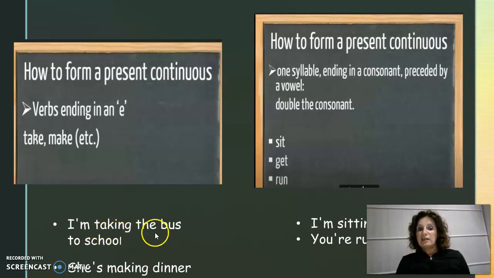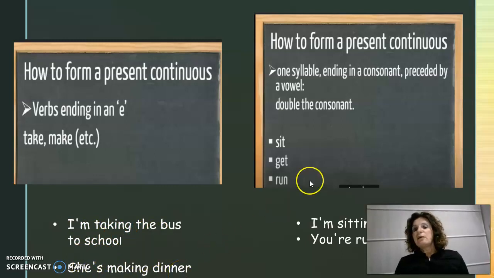I'm taking the bus to school. She is making dinner. And here there is another important spelling rule. We have here some verbs formed of a consonant, a vowel, and another consonant. Sit, get, run.